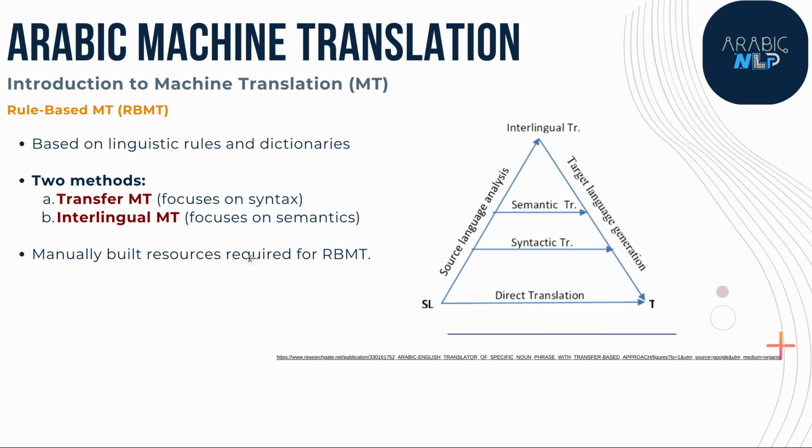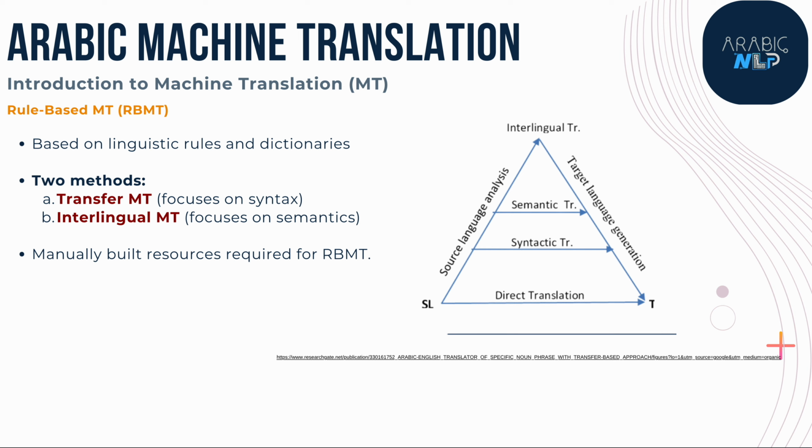But if we want to talk deeply about rule-based machine translation, it involves building a system of linguistic rules and describing how words and phrases are translated between languages. And here we come to two sub-methods.